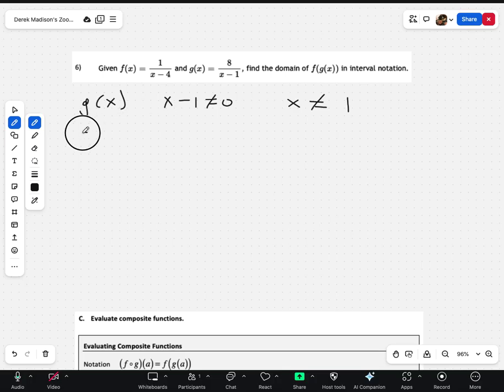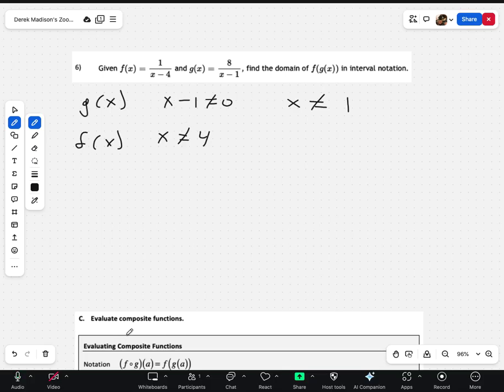For the f of x piece, by that same logic, x can't equal 4 because if it was 4, 4 minus 4 would be 0. So what we need to not happen is we plug a number in for this x, and then this thing comes out to 4, which then would be sitting right here in this x.